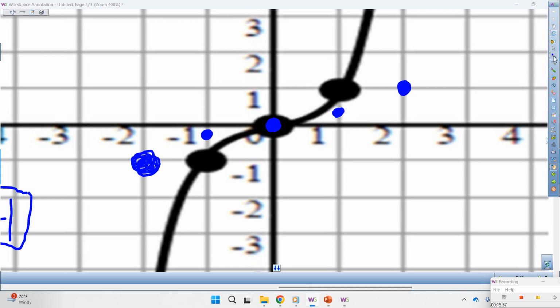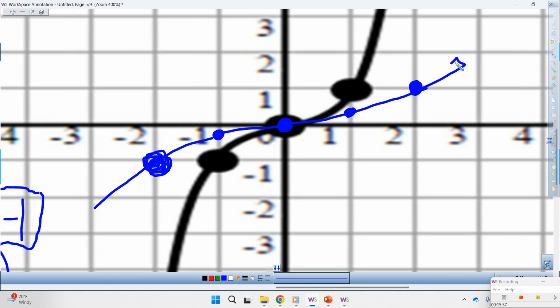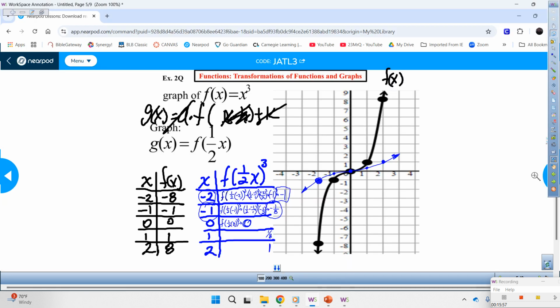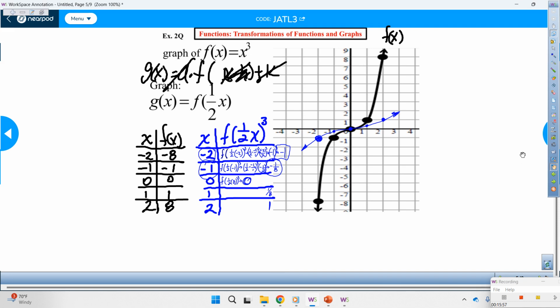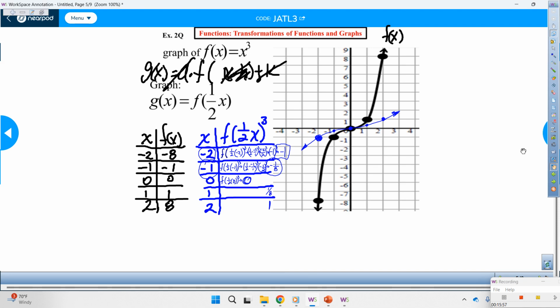All right. So let's connect those. All right. Let me zoom out. Look how beautiful that looks. Let's go.